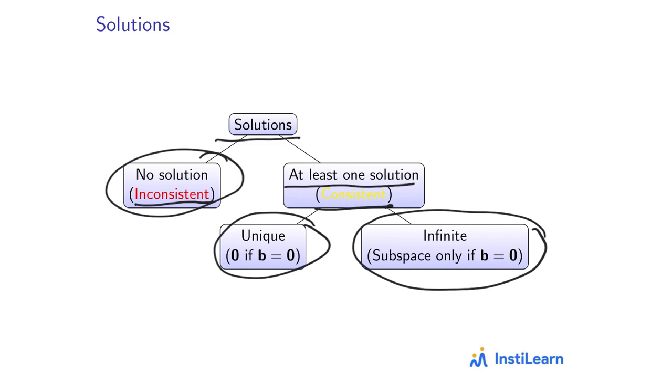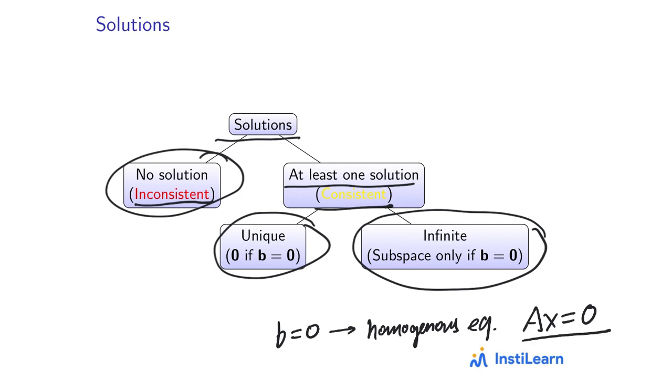If the constants in the equation are 0, that is b equal to 0, the equation is called a homogeneous equation, and it is of the form Ax equal to 0. In this case, when b is 0, if there is a unique solution, that unique solution is the 0 solution, so all values of unknowns will be 0.